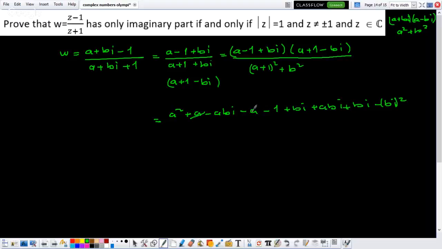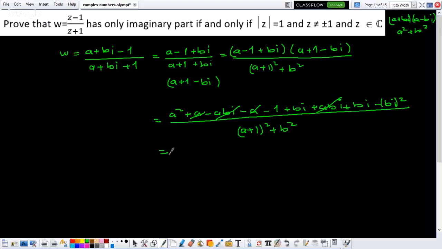Then A and minus A, you simplify. Pardon, I didn't write the denominator. Denominator is equal to A plus 1 square plus B square. Then here we are going to get A and minus A, we simplified, minus ABI plus ABI, we simplified. Here what we get extra, this is minus 1. Do we have plus 1? No, we don't have plus 1.